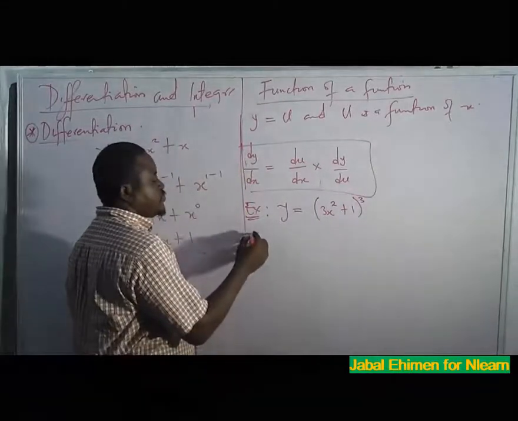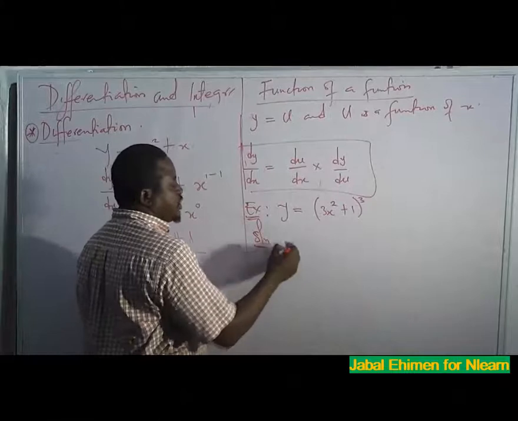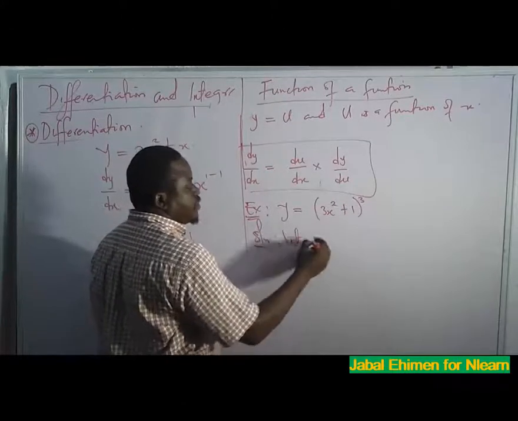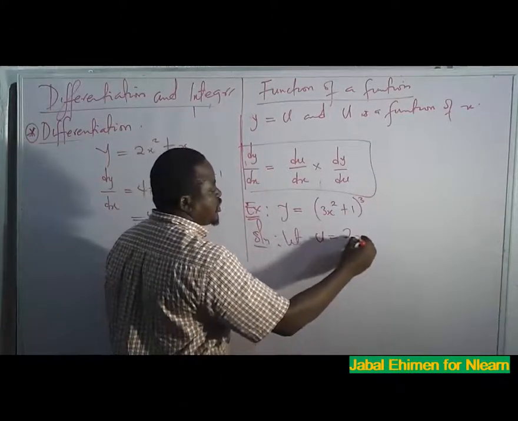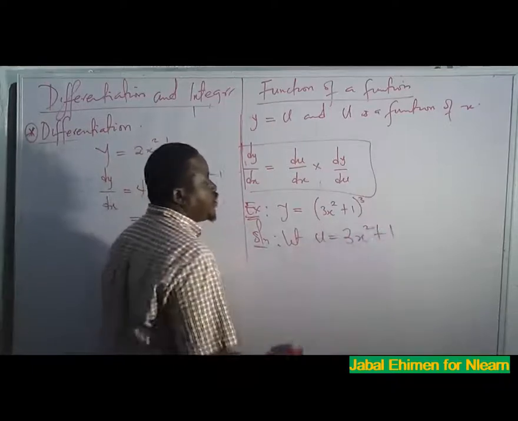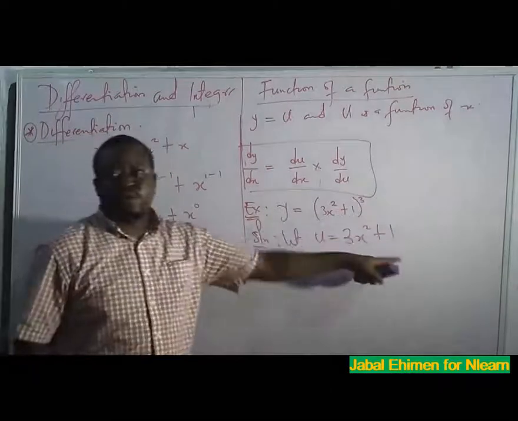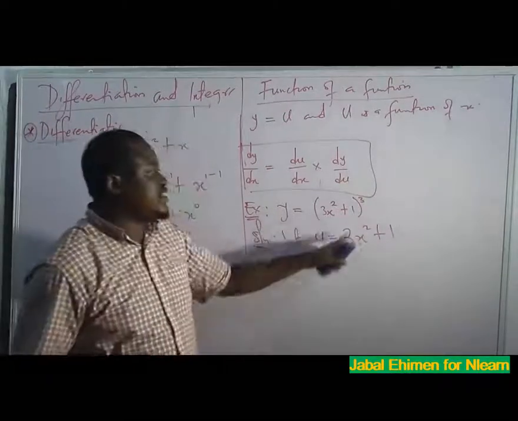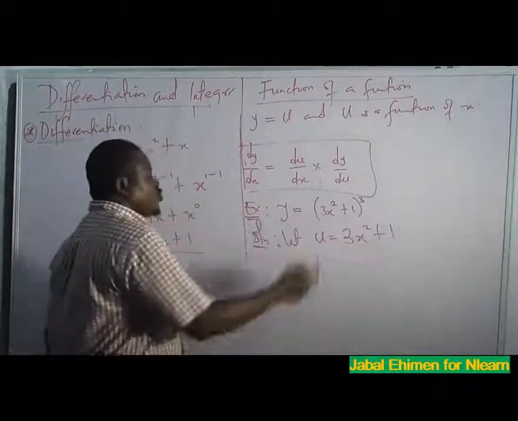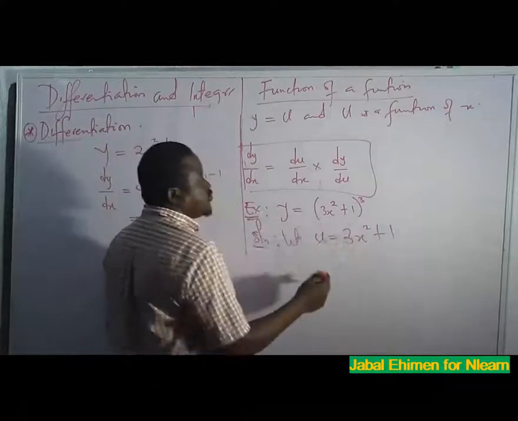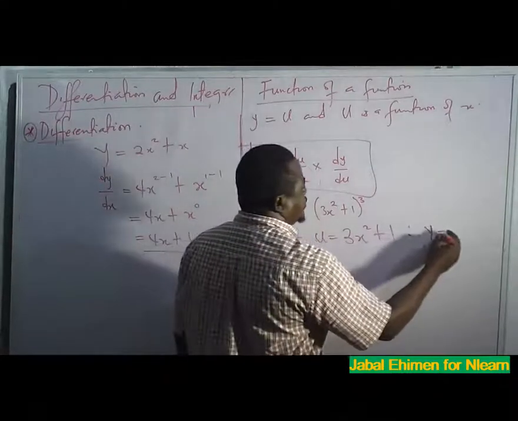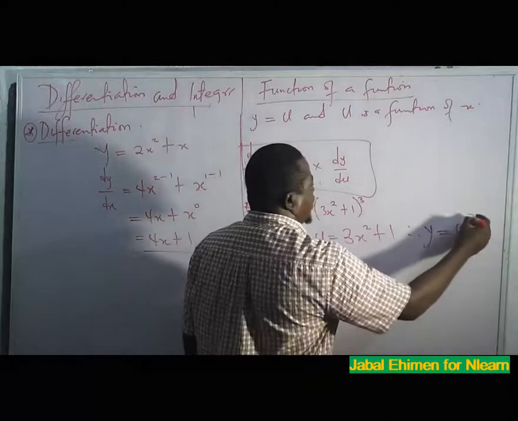If you are solving such a question, you say let u be equal to 3x squared plus 1. Whatever is inside this bracket is 3x squared plus 1, so it can be represented with u. Therefore, y now is equal to u raised to power 3.